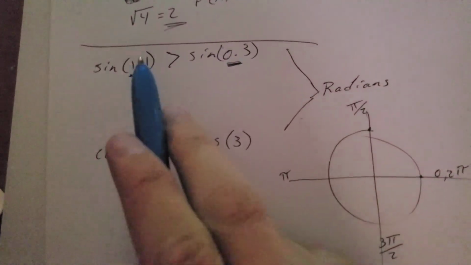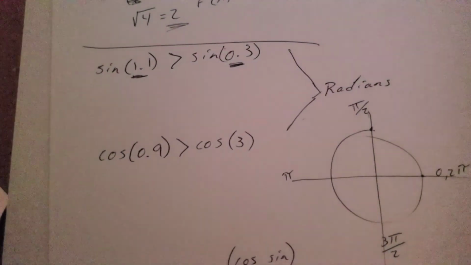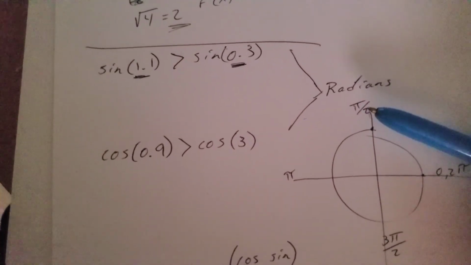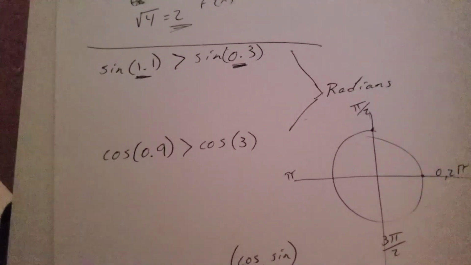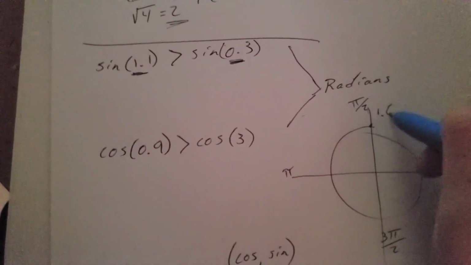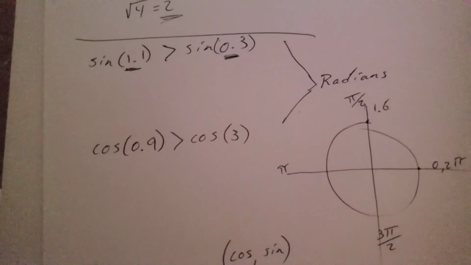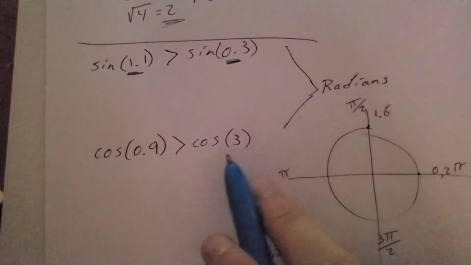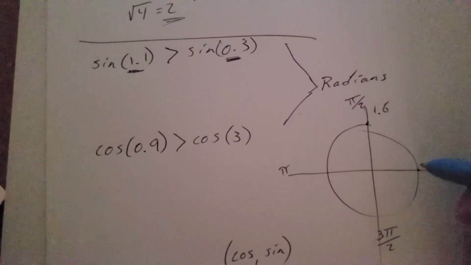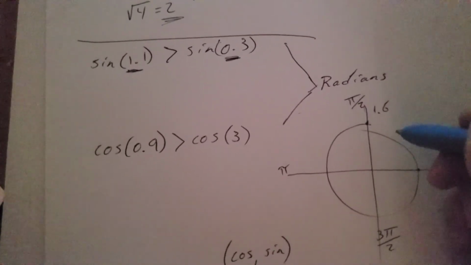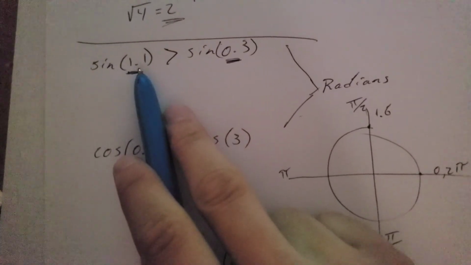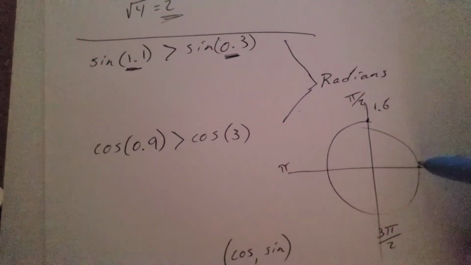Okay, and what we have here, these are my radians. Pi over 2, well, pi is 3.14, divided by 2, that's about 1.6. If you start going up, 1.1 is going to be more than half.